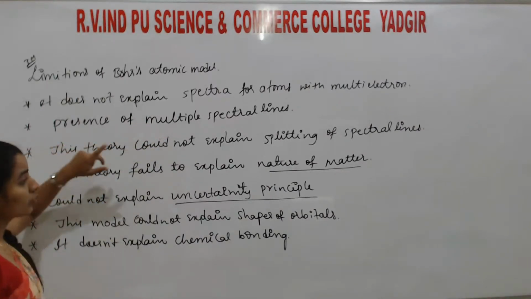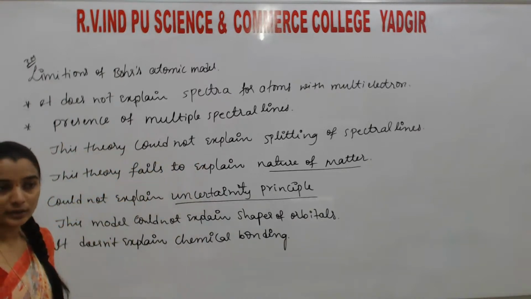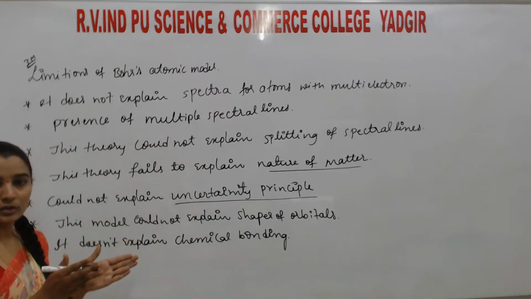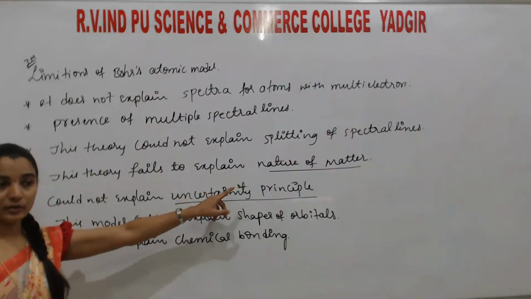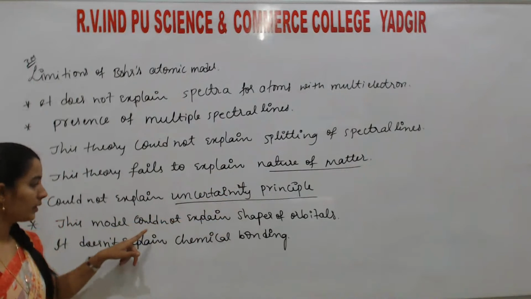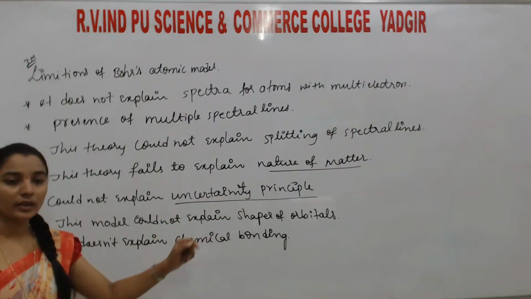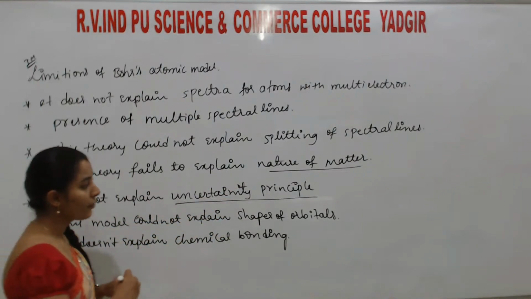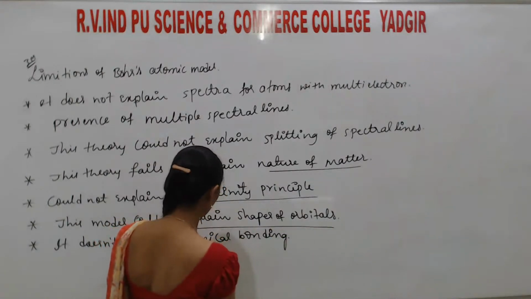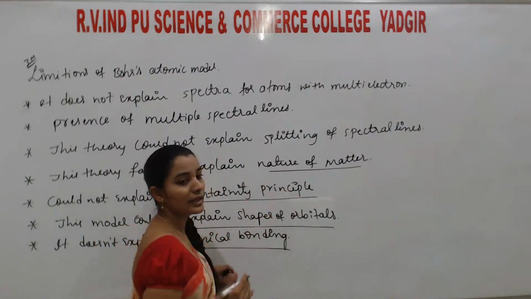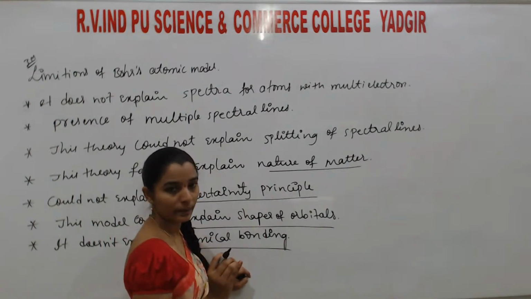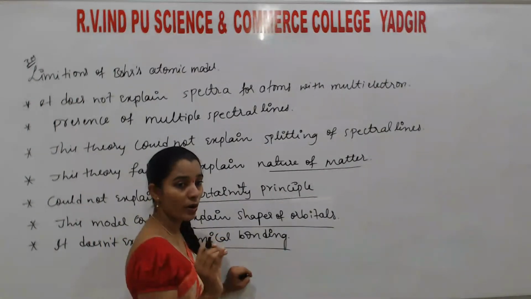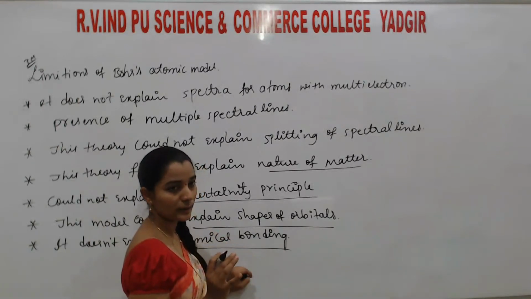Next, this theory could not explain splitting of spectral lines. Splitting means separation. Understood? Next, this theory fails to explain nature of matter, uncertainty principle, shapes of orbitals, and chemical bonding. So these four reasons are successfully explained by what? Quantum mechanical model. So that is the last model and presently what we are using.